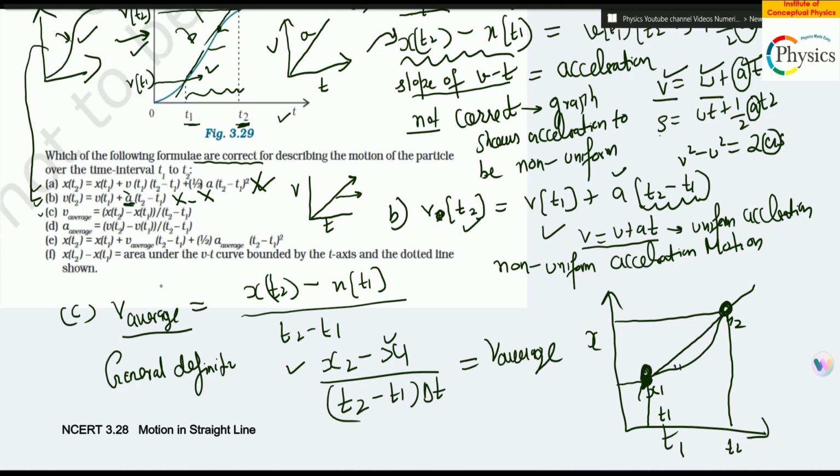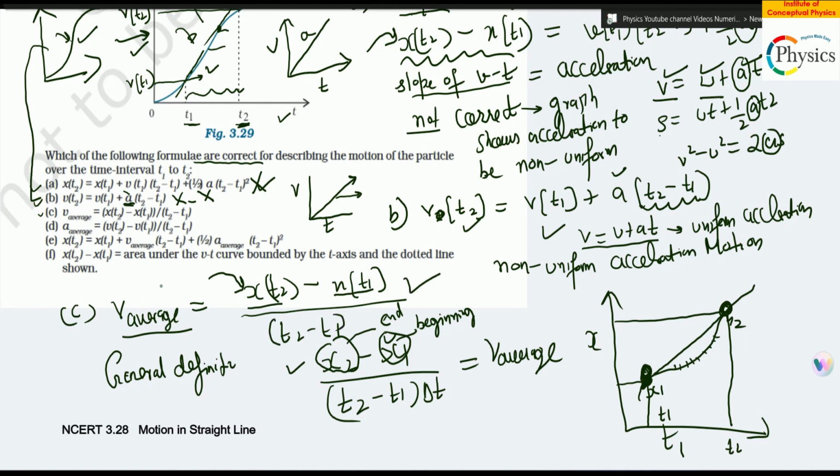Average does not care about what is happening in the intermediate state. The average is only concerned with end states. This is the end, and this is the beginning, the initial point. So average is always concerned with the ending and beginning.